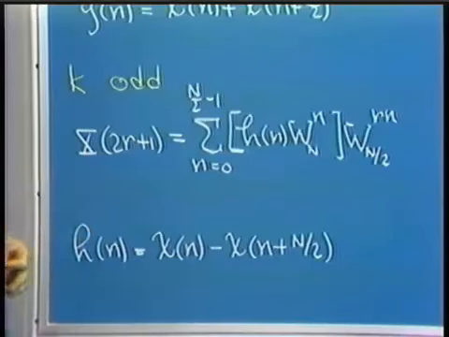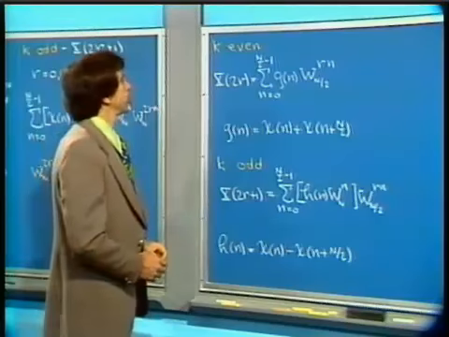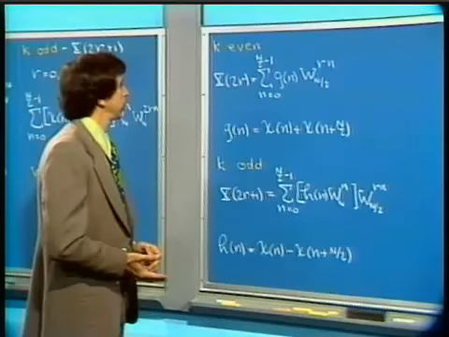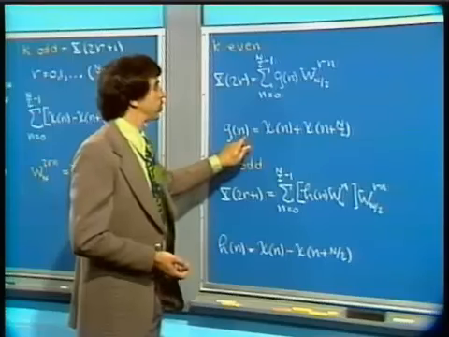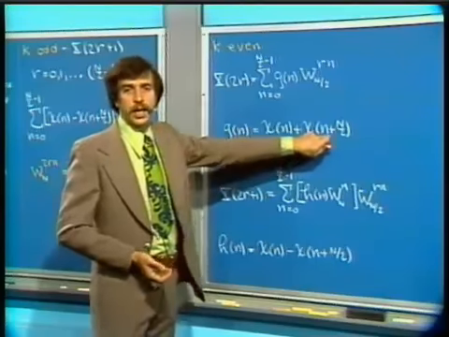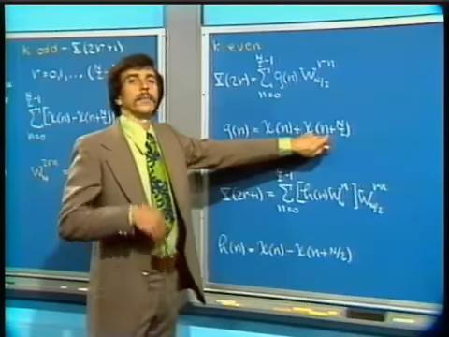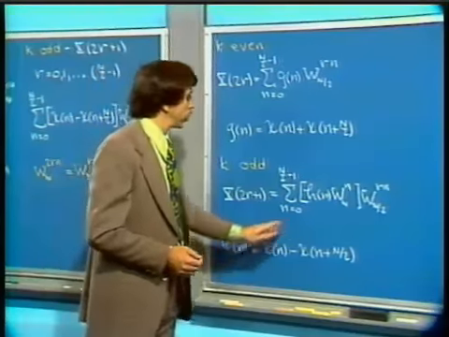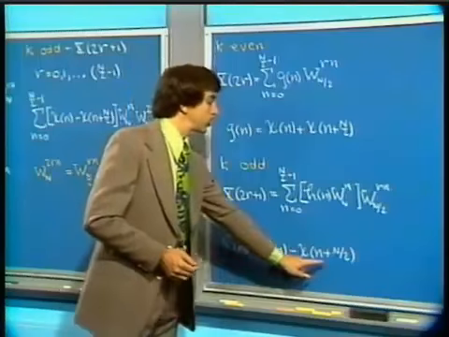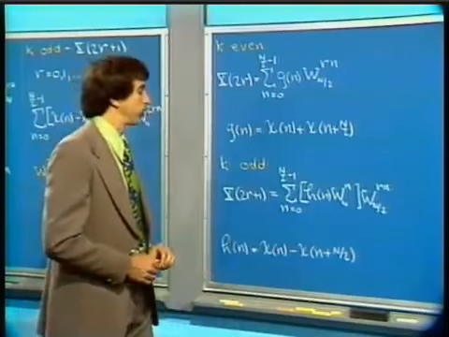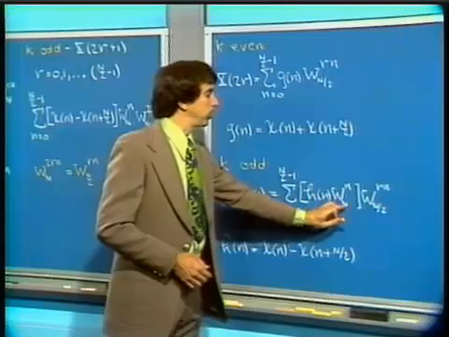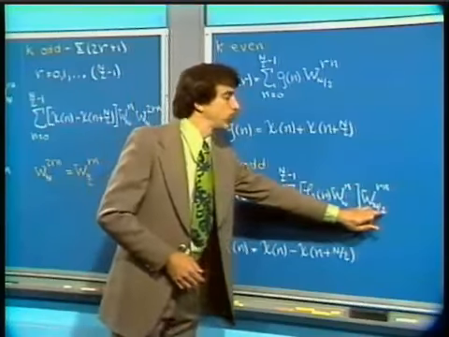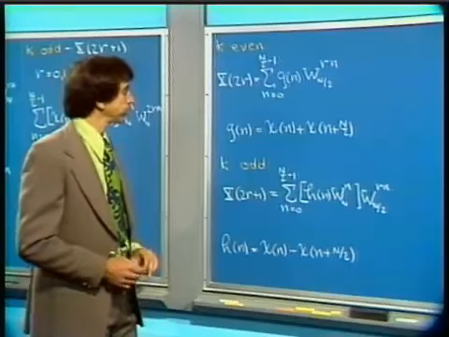So basically, following this strategy, what this says is that we can compute the discrete Fourier transform by forming a subsequence, which is the sum of the first and last half of the points, and computing the N over 2 point DFT of that, and then forming a sequence which is the difference of the first and the last half of the input points, multiplying that by W sub capital N to the little n, and computing the N over 2 point DFT of that.